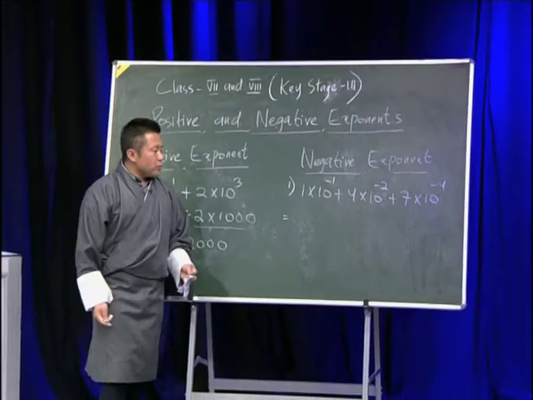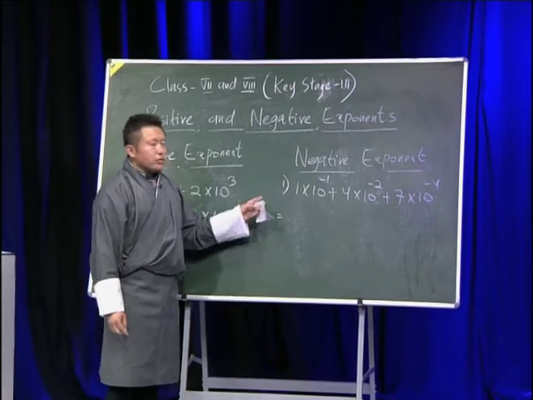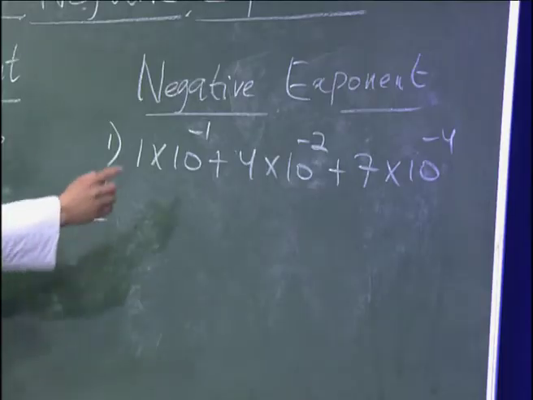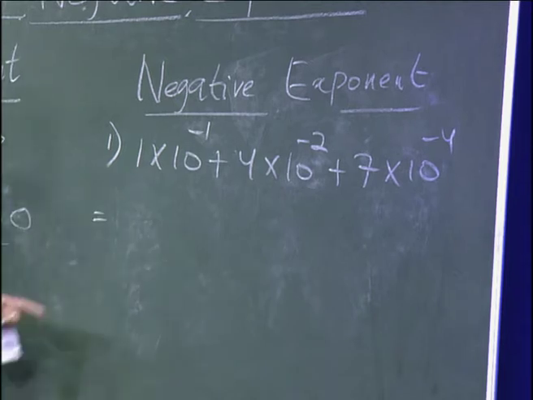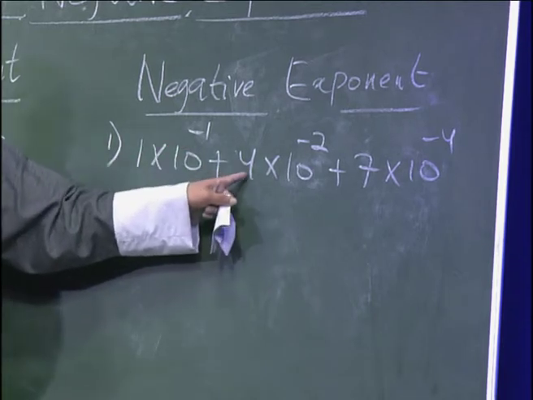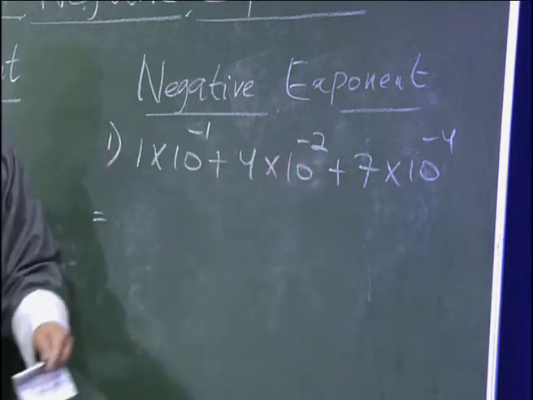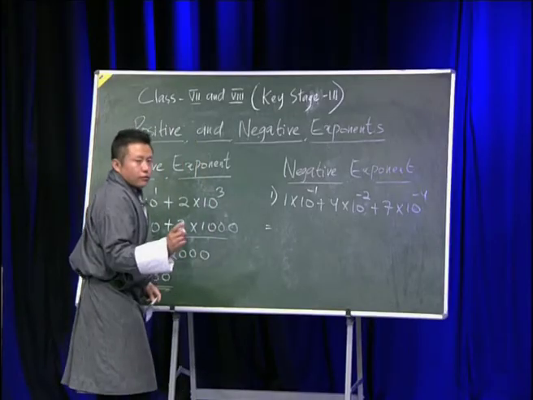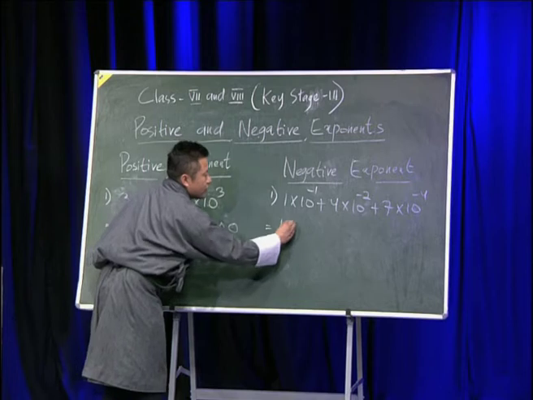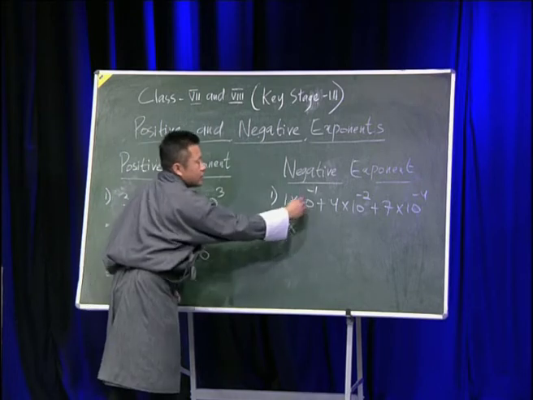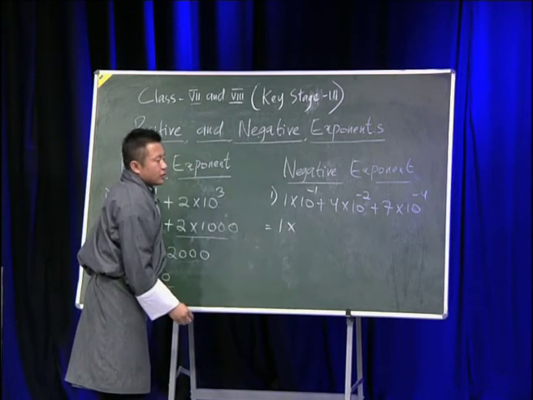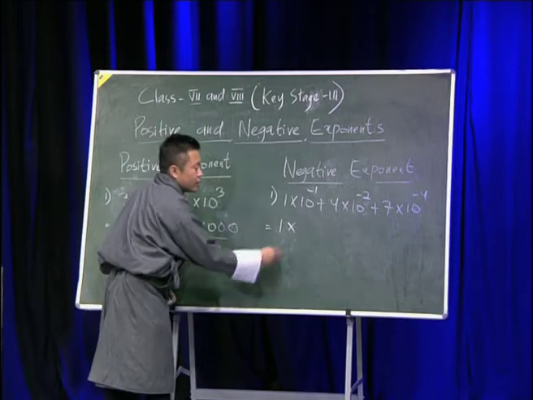Okay, let me explain one example for negative exponents. 1 times 10 raised to negative 1, plus 4 times 10 raised to negative 2, plus 7 times 10 raised to negative 4. Okay, look carefully. 1 times 10 raised to negative 1.